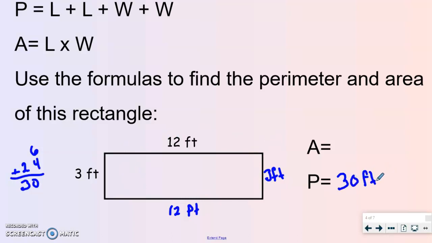Okay. And now the area, super easy, just multiplying the length times the width. So area would be 3 times 12, which would give me 36. Perfect. And remember, we said that area is always measured in square units. So you could write this a couple different ways. You could say square feet. You could abbreviate it as SQ for square, and then FT for feet.